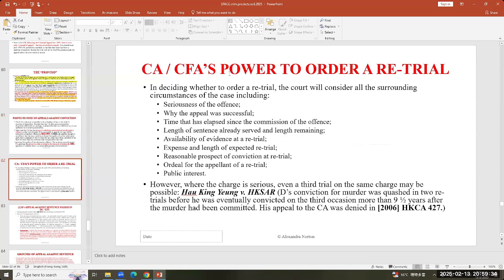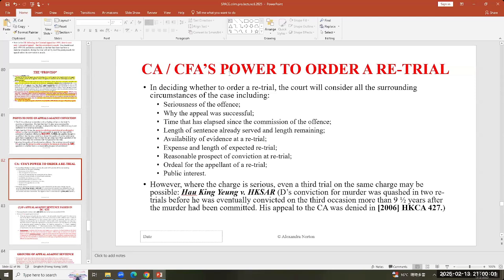CA or CFA can also order a retrial. Relevant factors, obviously they're more likely to order a retrial for serious offenses. But if there's been a long delay that's elapsed, that may be one factor that works against the retrial, right? Because if evidence has been lost or witnesses have died or disappeared in the meantime, there may no longer be a reasonable prospect of conviction, right?